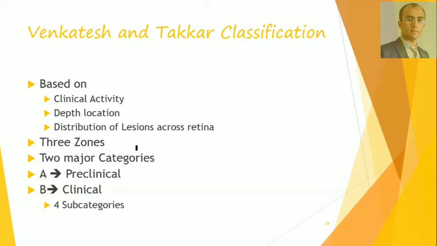The method classifies the retinal capillary hemangiomas and their manifestations on the basis of their clinical activity, the depth location of the tumor, and distribution of the disease according to the retina. So there are 3 zones, and 2 major categories with multiple subcategories.